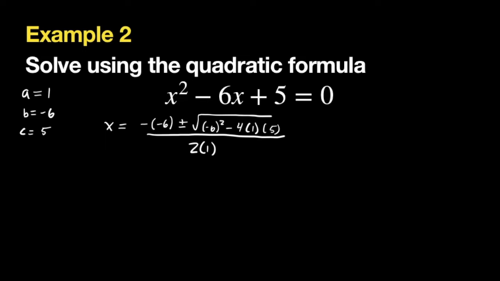Once again, I'm going to try to simplify as much as I can. So the double negative for negative 6 is going to be just positive 6 plus or minus, and then we have the square root of 36, and that comes from 6 times 6, minus we have 4 times 1 times 5, and that's going to give us 20.